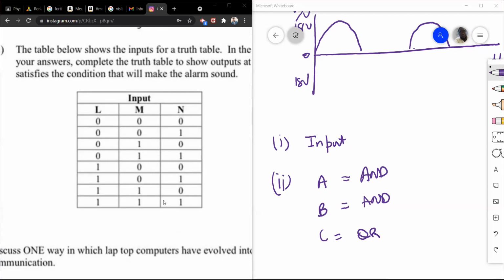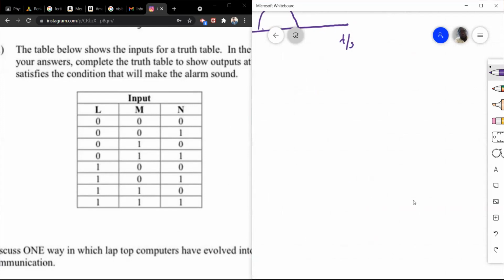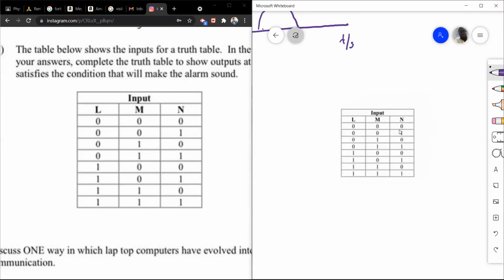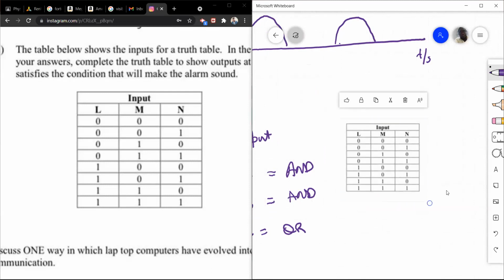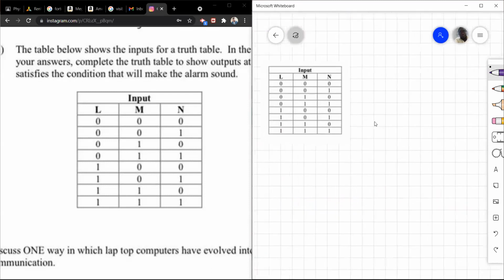All right, let's put this table over on the whiteboard. And let us see if we can figure out life. All right, so this table is here.